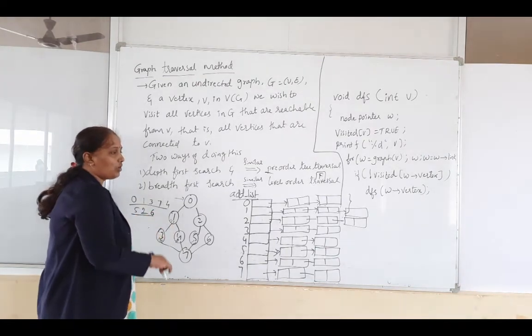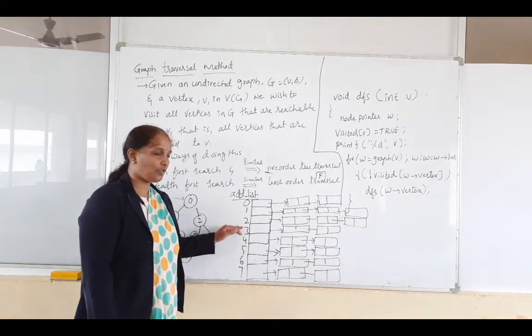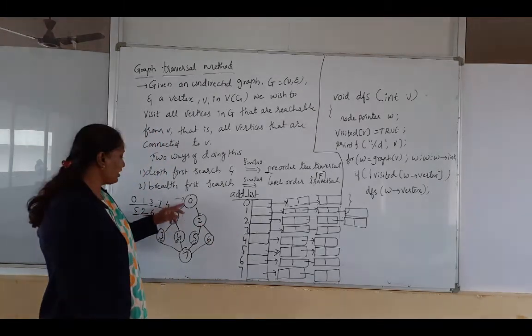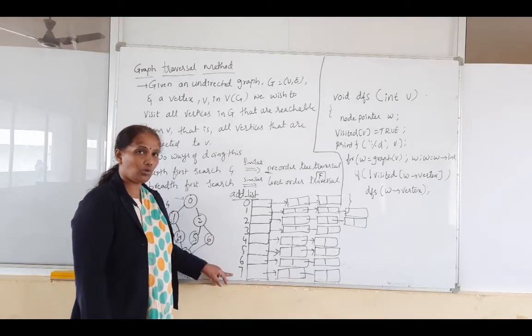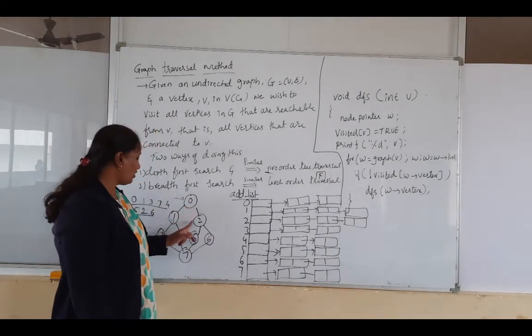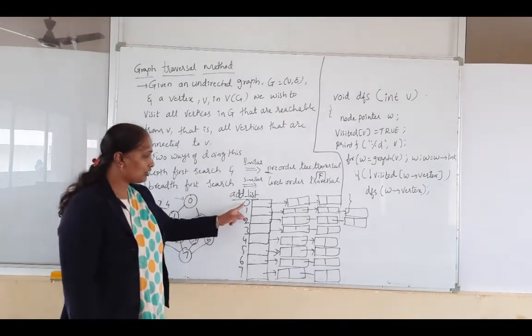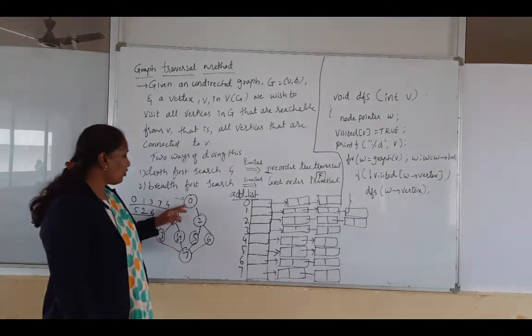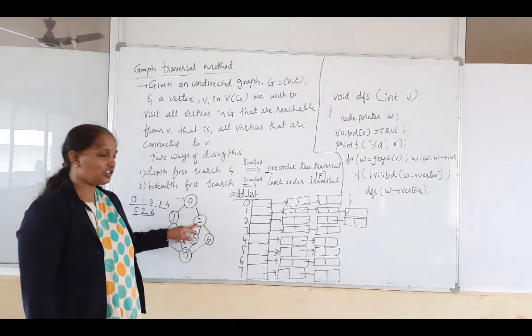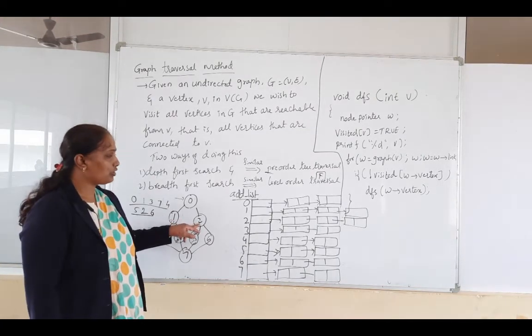Okay, so we will see how to write the adjacency list for this. I had written all these vertices in a sequence, in row order: 0, 1, 2, 3, 4, 5, 6, 7. From 0, which vertices can you reach? You can reach vertex 1 and vertex 2.